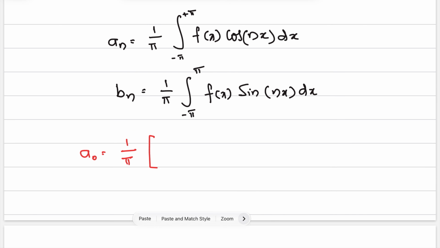Function is defined in 3 stages. Let's go from one stage to another stage. In the first stage, absolute value of x is less than pi by 4. That means function x is equal to 1. Integral minus pi by 4, please pay attention.